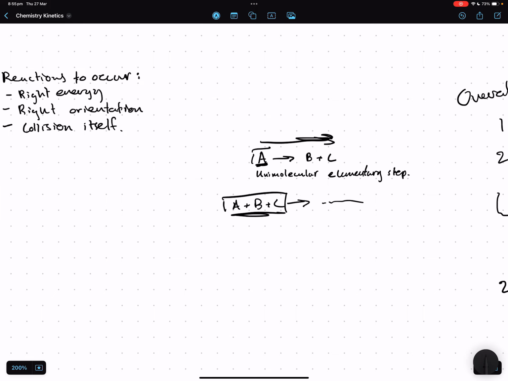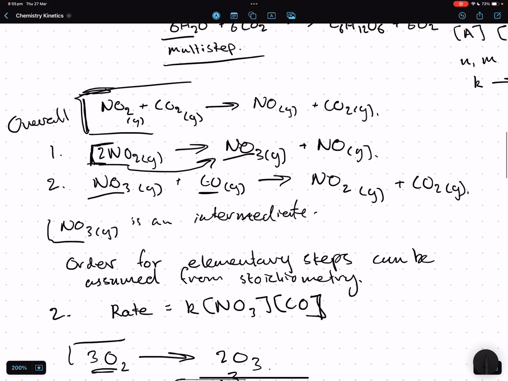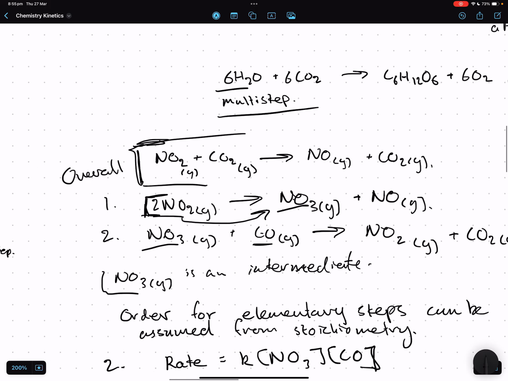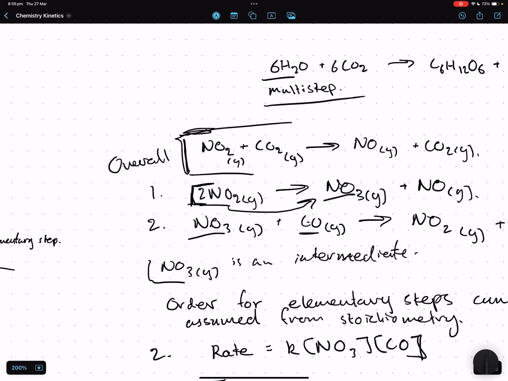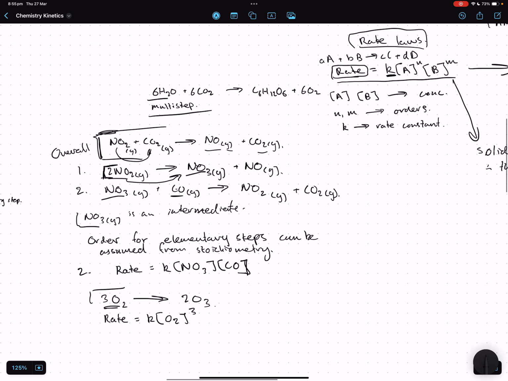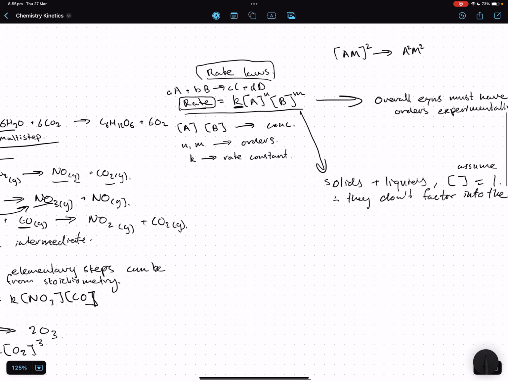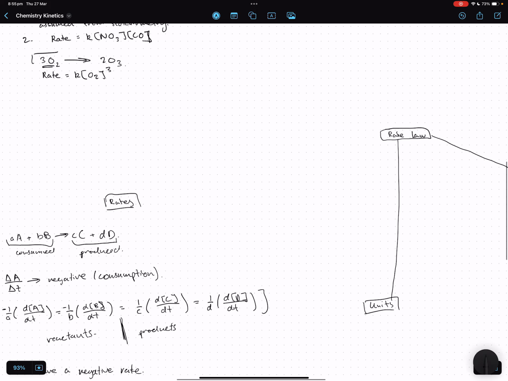These sorts of things don't happen. This is why we have elementary steps in the first place. These interactions are just unlikely, so that's why we have these steps, because they're how the reaction actually proceeds.